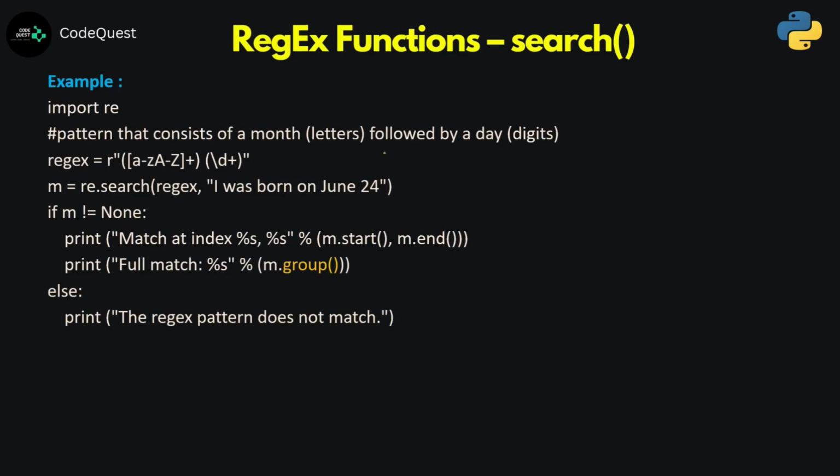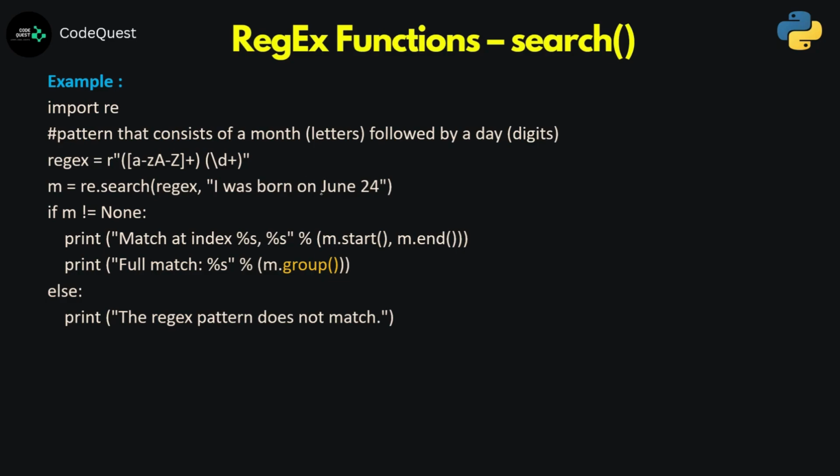Now let's look into this example. We have taken one pattern here, which is a set of characters or letters, one or more occurrences of this, followed by one or more digits, the decimal digits. Here we are applying this search with this pattern on this string.